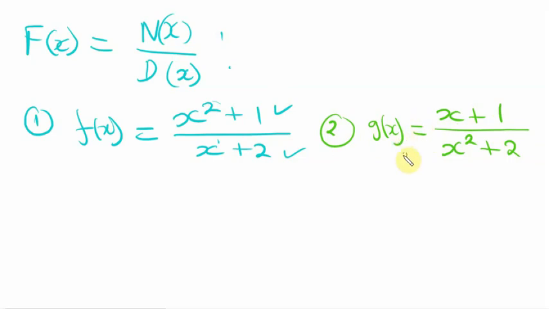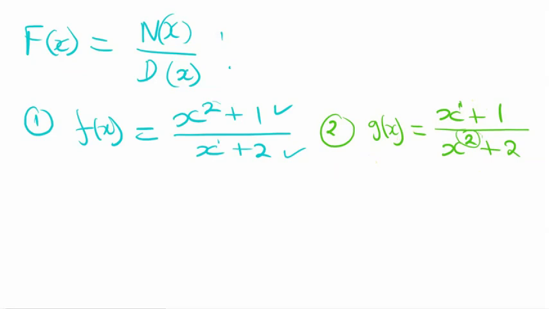Only in this case, the degree order of the numerator is less than that of the denominator. So this one is 2, and that one is 1.